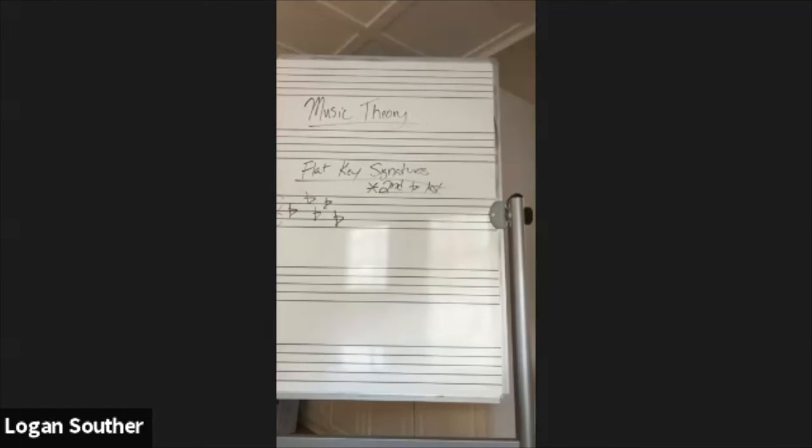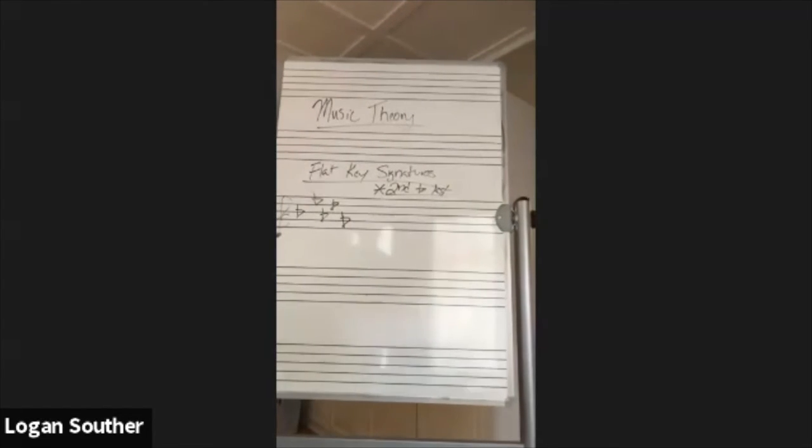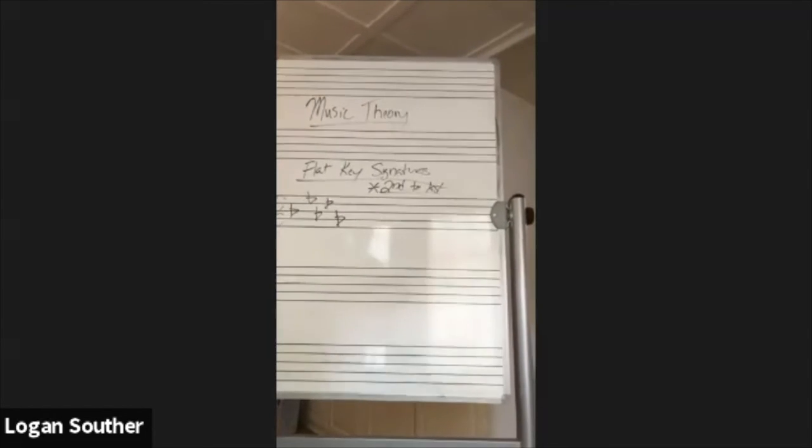Once we know the name of this key signature, that's going to be our starting note. The name of the key signature is going to be our first note, and then we use our major scale formula to build the rest of the scale. So I'll let you guys get a head start on it, and then I will finish it off for you. You can throw your answer in the chat if you have a guess.